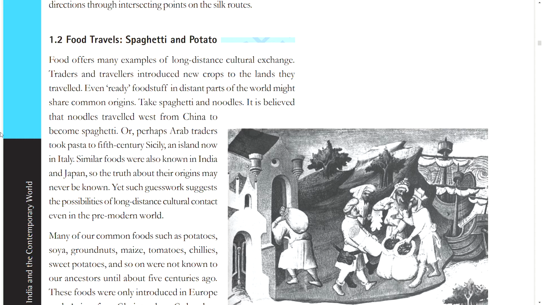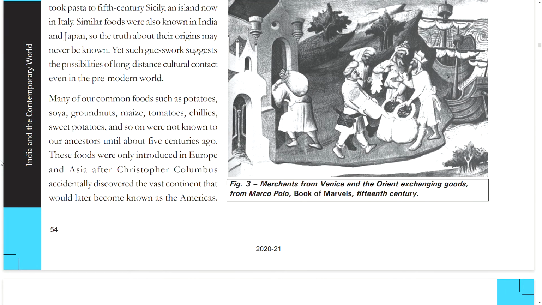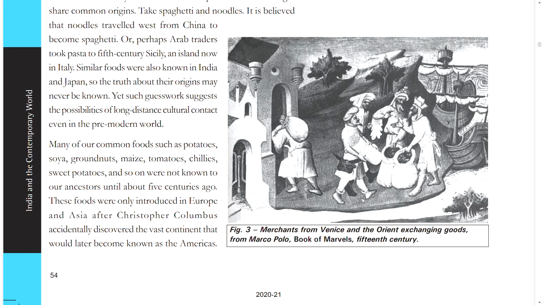Yet such guesswork suggests the possibilities of long-distance cultural contact even in the pre-modern world. Figure: merchants from Venice and the Orient exchanging goods, from Marco Polo, Book of Marvels, 15th century.